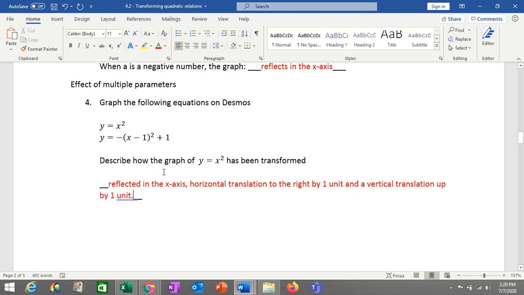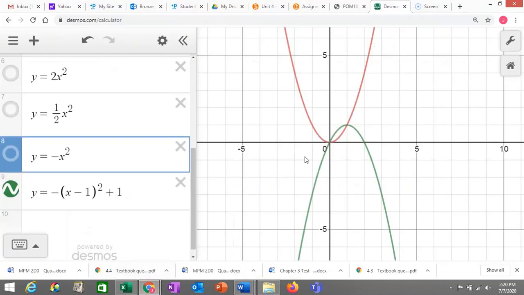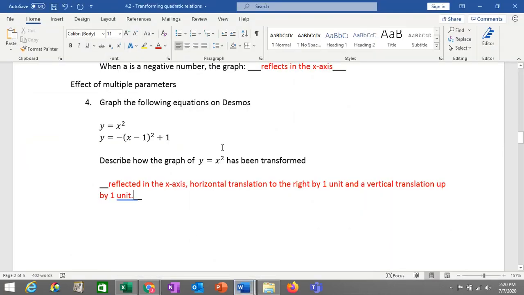Okay, so let me make sure I got that right. So reflected in the x-axis, moved to the right by 1, moved up by 1. Again, using the vocabulary here. Is that what I have? Reflected in the x, moved to the right by 1, moved up by 1. Yes. Okay. So that's all the answers.